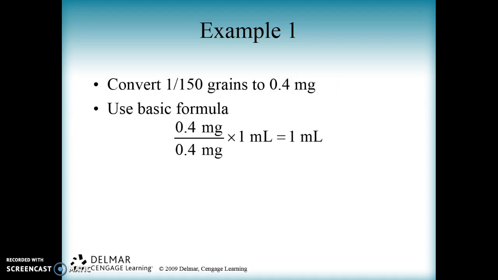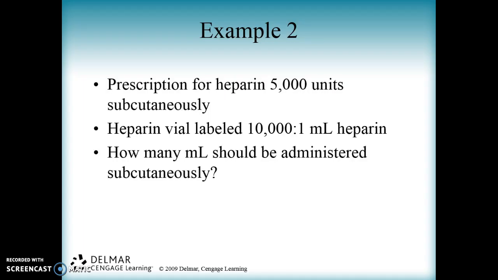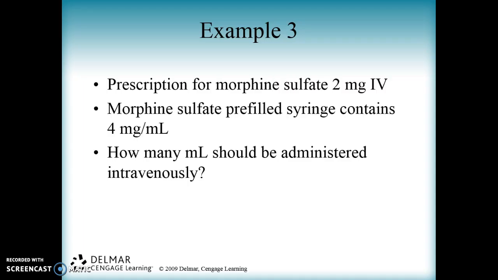The first thing we're going to have to do is convert grains to milligrams. Then we use that basic formula, and if you actually do the math, it's going to be equal to 1 milliliter. And then there are a few other examples on here of how to get from point A to point B.